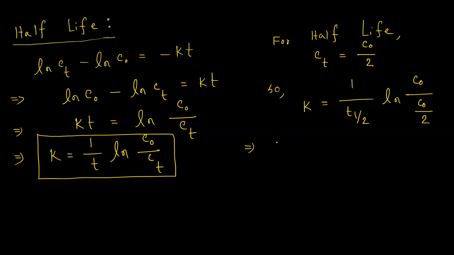So we can write T half is equal to ln 2 upon K. The value of ln 2 is 0.693, so T half is 0.693 divided by K.